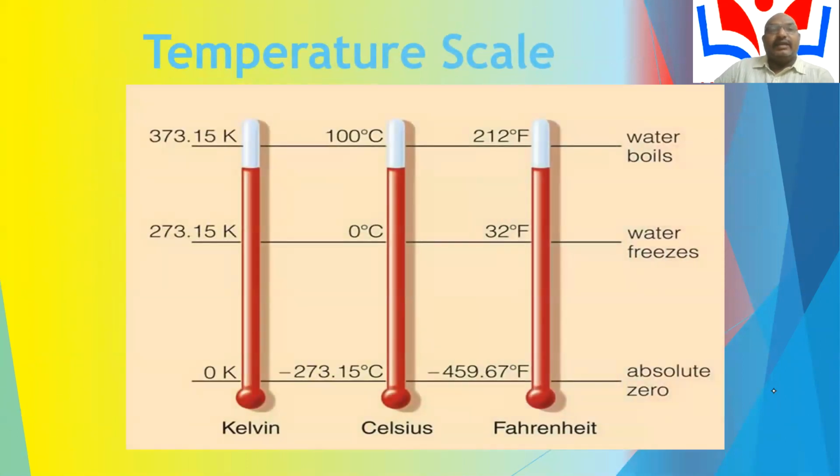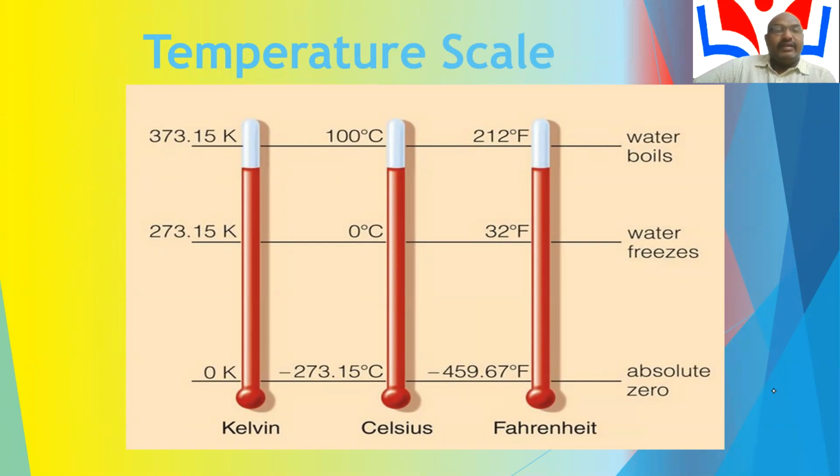The temperature scale, for example: 0 Kelvin is minus 273.15 degrees Celsius, and in Fahrenheit it is minus 459.67 degrees Fahrenheit.